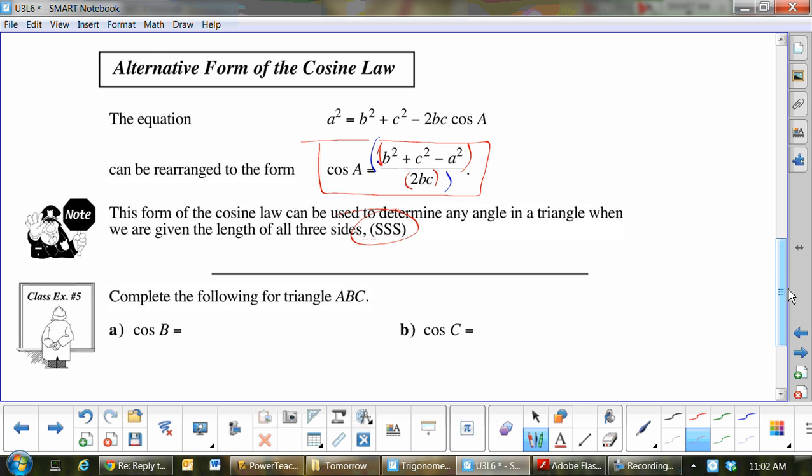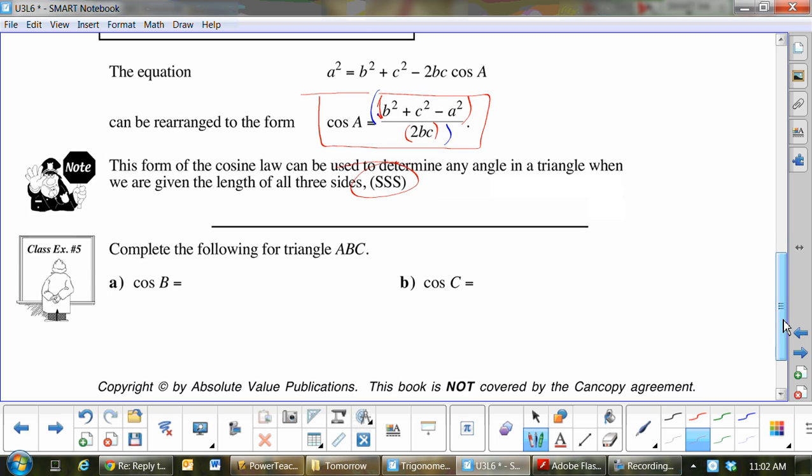Okay, so it's b squared plus c squared minus a squared over 2bc. Now, just by looking at that one, what would cos B look like? What would that formula be? A squared plus c squared minus b squared all over 2ac.